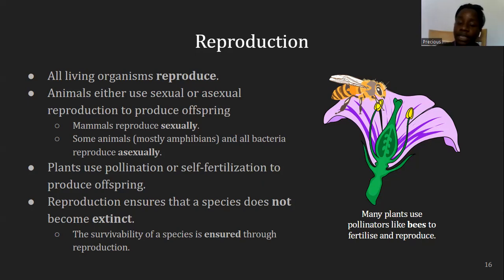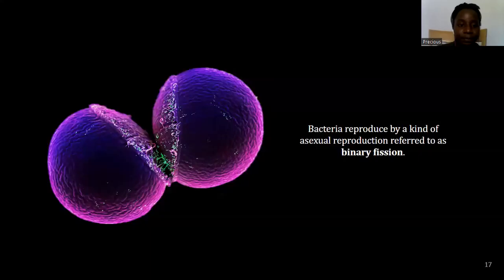So if that living thing that came before us was not able to produce us, then we would not be here. So reproduction is necessary for the survival of a species. It's the only way that a species can continue to exist in the environment, okay?